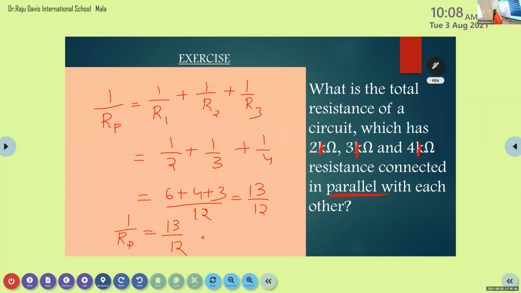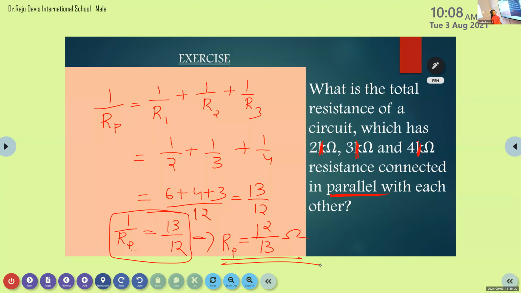Which implies Rp is equal to, what is Rp? Take the reciprocal. But we need to calculate the total parallel resistance. So Rp is equal to, taking the reciprocal, 12 by 13 ohm. This is the answer.